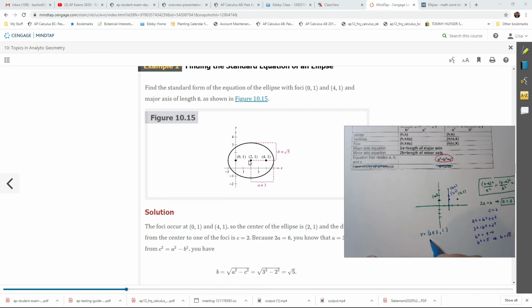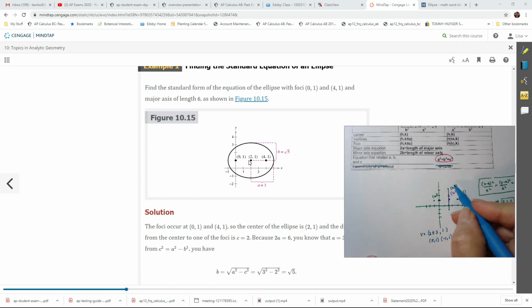So I have 2 plus 3, or 5, comma 1, and 2 minus 3, which is negative 1, comma 1. So my vertices are at (5, 1) and (negative 1, 1).